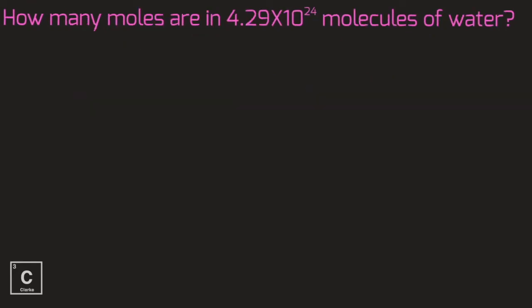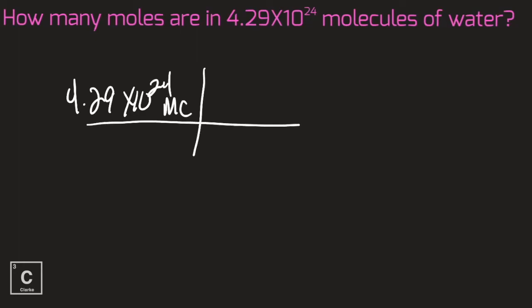Okay, next problem. How many moles are in 4.29 times 10 to the 24th molecules of water? Moles, that's showing up in our problem again, so only 1 conversion factor. Let's write our given, 4.29 times 10 to the 24th molecules. I'm going to make my cross and bring my unit down. Molecules, that's a particle.